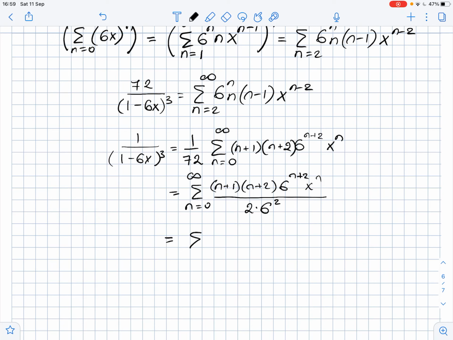So this equals the sum of n plus 1 times n plus 2 times 6 to the power of n times x to the power of n over 2. n goes from 0 to infinity.